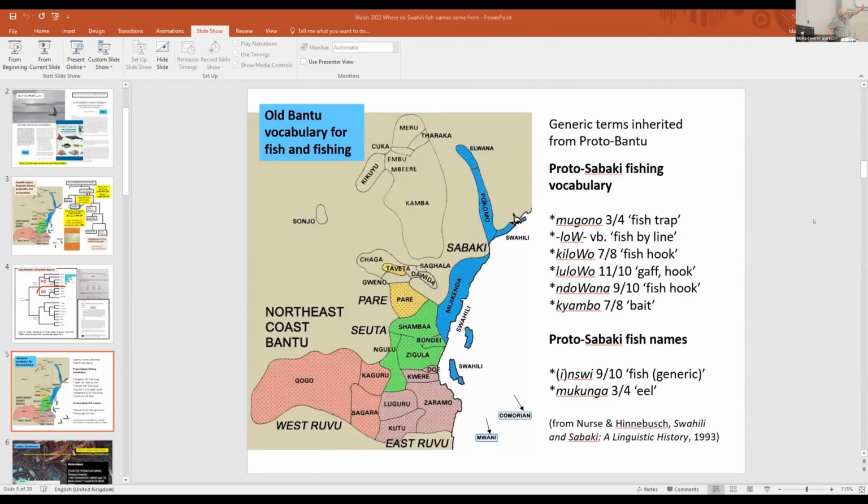here are some examples of general fishing vocabulary, generic terms with old Bantu roots, including the generic terms for fish, that's the dialect form Swi, or the Arabic-derived Samaki, and eels, Mkunga, plural Mikunga in standard Swahili. Those are very old terms, and obviously fish are fish, and that's the same in freshwater and marine, and eels you find in both environments.